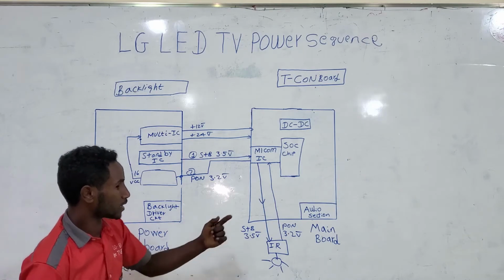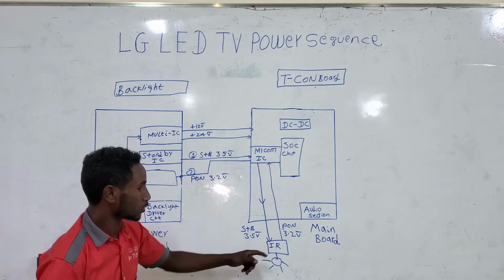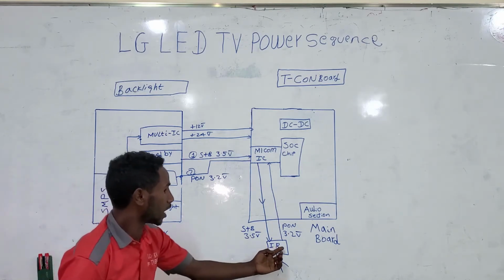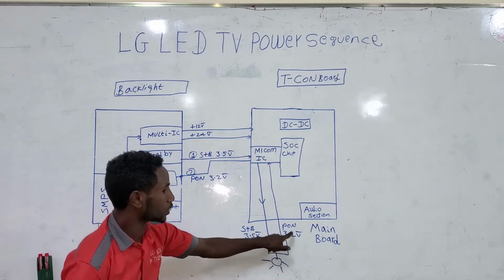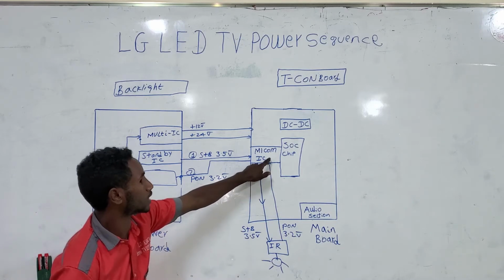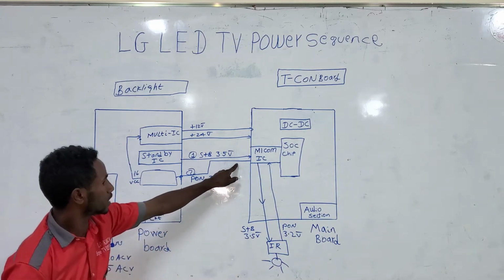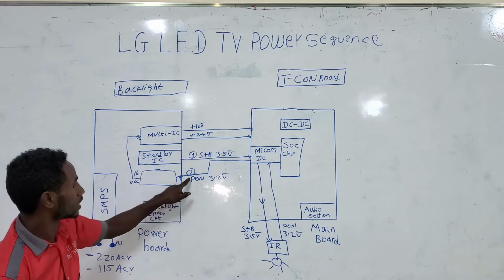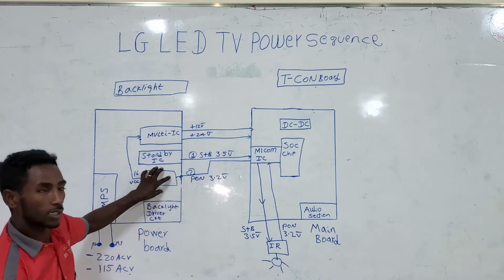Then when we press the power key at the IR point or from the remote side, we will have 3.2 volts, which is the power on voltage. Then this power on voltage goes directly to the MICOM IC, then the MICOM IC sends this 3.2 volts to the power board.